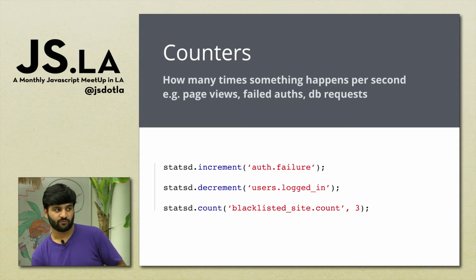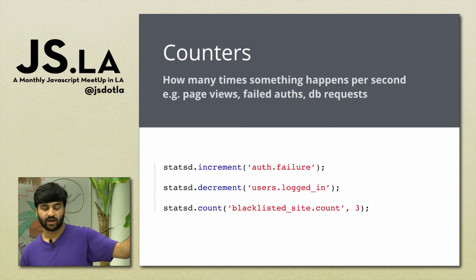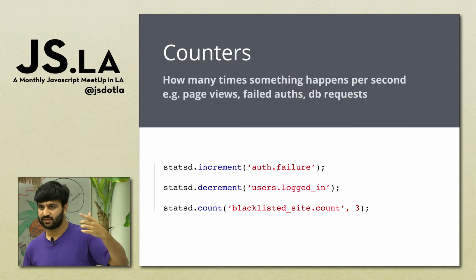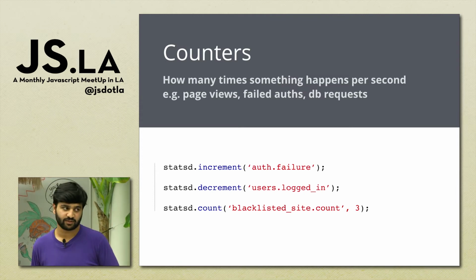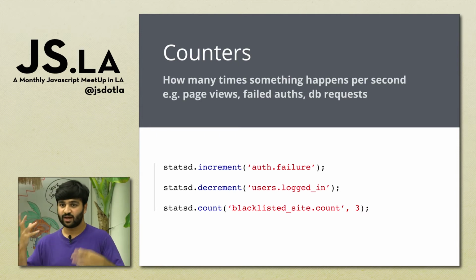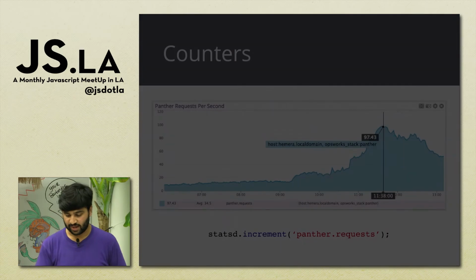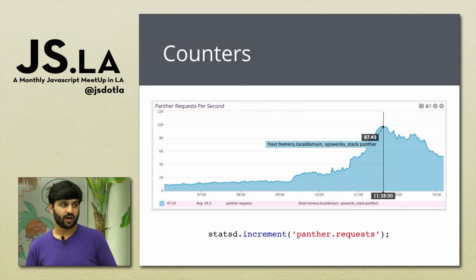Before auth.failure, you would typically prefix it with the application that's actually running the code, maybe even add the environment, whether it's staging or production or whatever. But you get a string, and that's your counter, and you can increment it, decrement it, and this is what you get out of it.